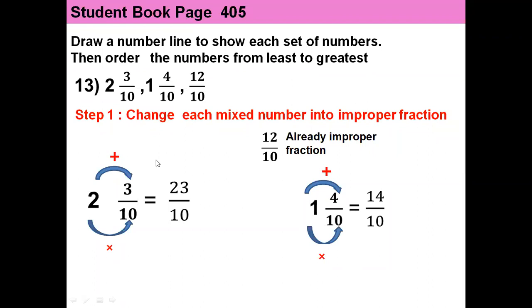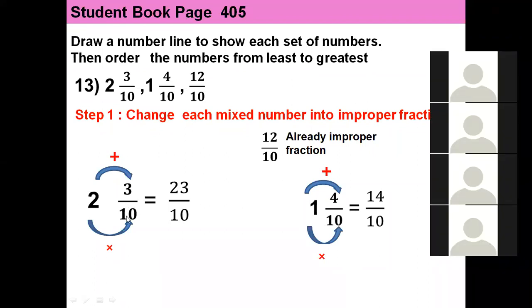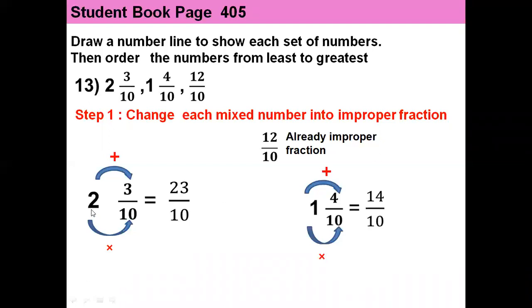Can you do the first one for me? 2 and 3 out of 10. Yes, do it. 10 times 2 equals 20. Yes. Then 20 plus 3 equals 23. Great job. And the denominator is the same.